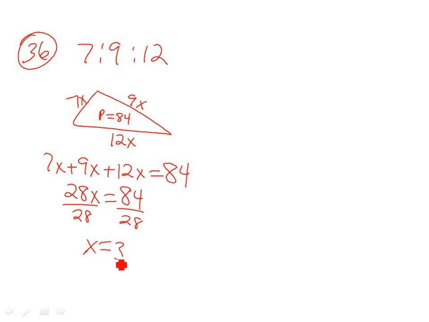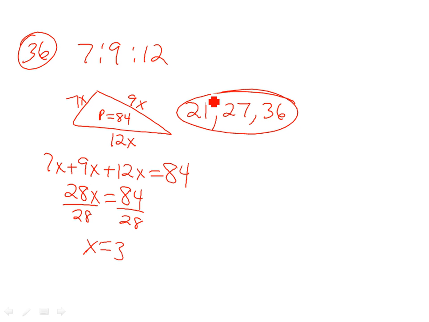You have to put it back on the side. Plug it in. 7 times 3 is what? 21, that's one of the sides. 9 times 3, 27. That's another side. 12 times 3, 36. Those are your 3 sides. 3 sides of a triangle, Brian, always add up to 3 sides of a triangle? Nothing special, right? All right, just want to make sure.